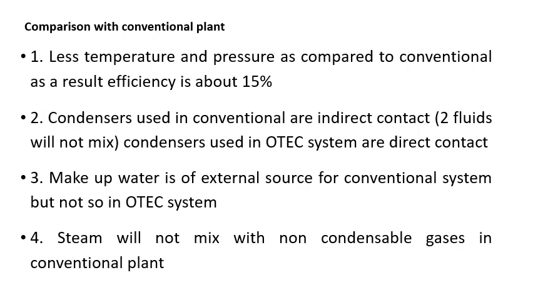It means the particulate matter or the oxygen will be very little in the steam in a conventional plant. But here the particulate matter or oxygen may be there. That is one drawback of this system.